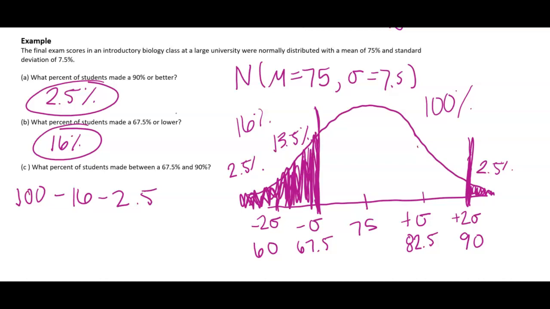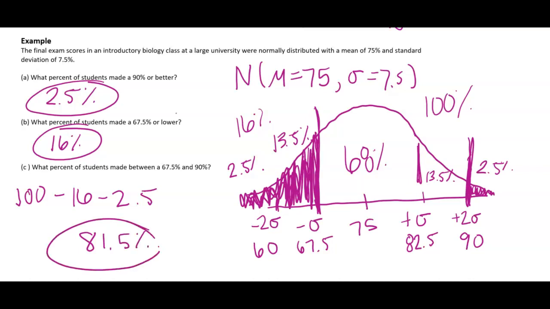I could also be like, okay, this piece is 68%. This piece is 13.5%. And both of these, it looks like, are going to give me 81.5%. Let me double check that, but I'm pretty sure. Yep, there we go.